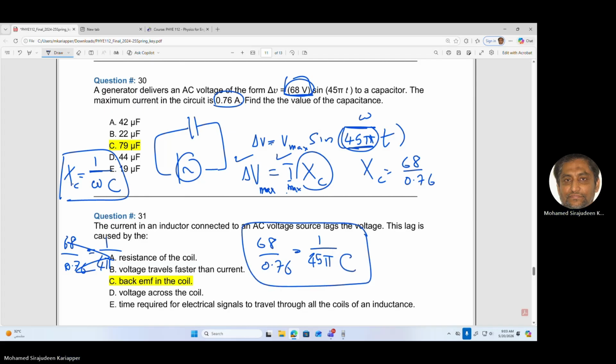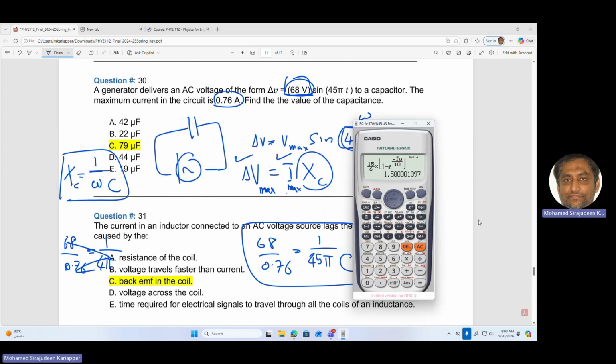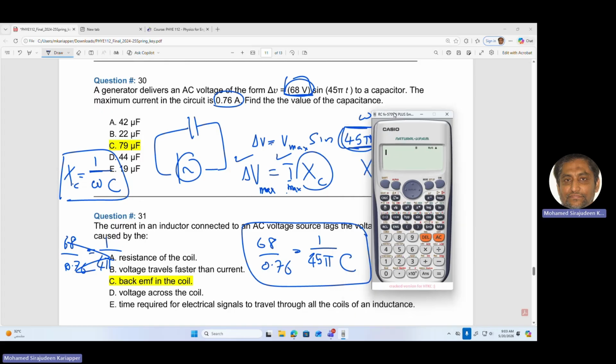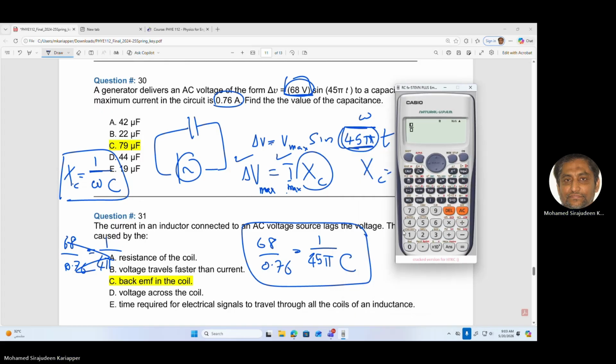Solve this. Take the calculator and put the values in. 68 divided by 0.76 equals, make another fraction, 1 over 45 pi.